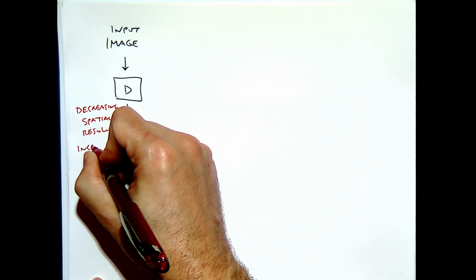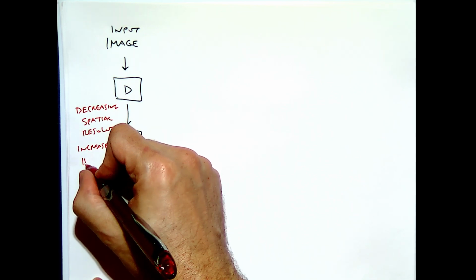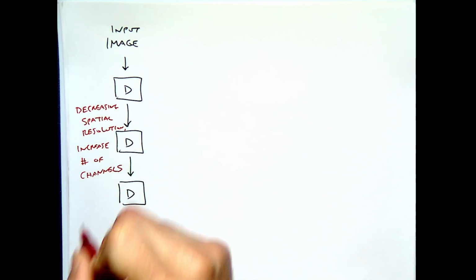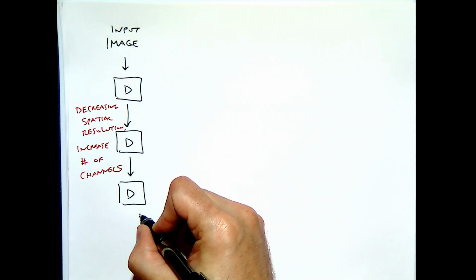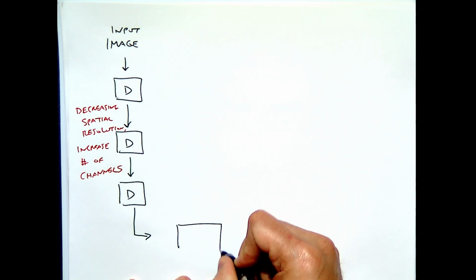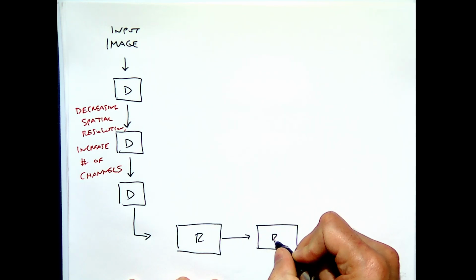But since these are usually convolutional neural networks, this is also increasing the number of channels, right? So at every step, I'm reducing the size of the input, but also expanding the number of feature channels that I'm getting out of my network, right? And so this goes on for a while. And then at the lowest layer of the network, there are a couple of residual type blocks.